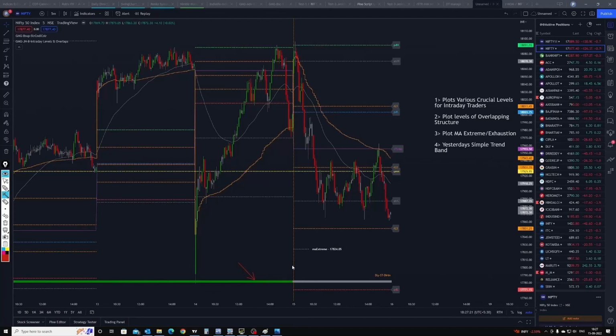So what are the areas you are looking at? You are looking at RL1, YVWAP and RL2. Basically these are the areas. For example, say this band is green. Then you will look for a buy trade along these levels: RL1, RL2 and yesterday's VWAP.